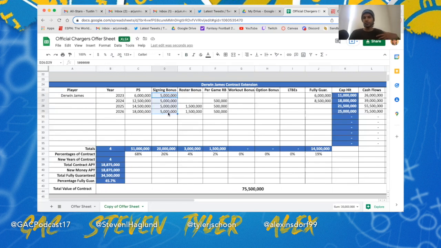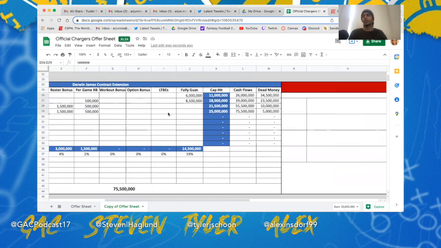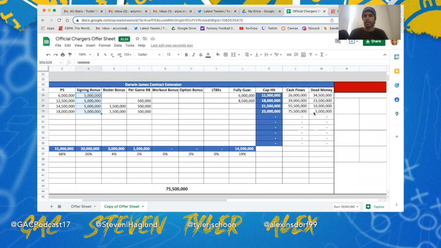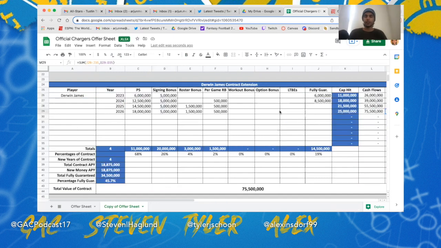But if they really felt he wasn't performing at the level they signed him at, or he's just getting injured again too much, they have him out at year 5 for only a $5 million dead cap hit. So the P5s again escalate from 6 mil to 12.5 mil to 14.5 mil to 18 mil. Again, P5 stands for base salary.